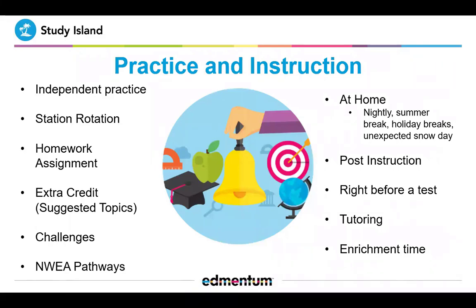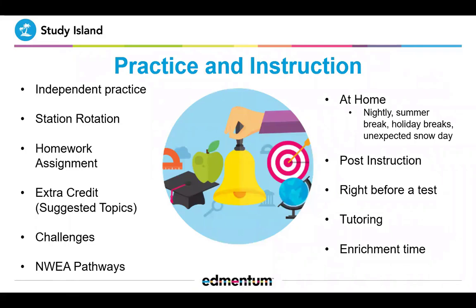You can also give them a practice and instruction assignment for homework. So if students have devices at home, you can assign this practice and instruction and give them homework where they're able to practice the questions covered that day in class. You can also give extra credit, and I point out here some suggested topics. So in a student's account, which I'll show you today, you'll see that there's an area called suggested topics.